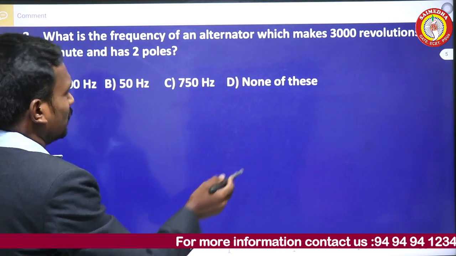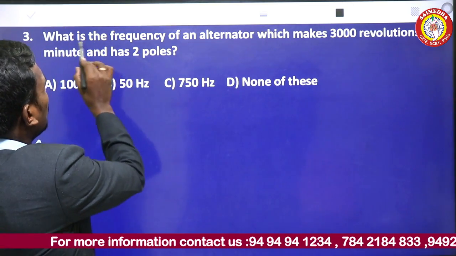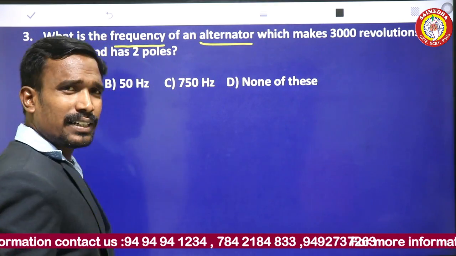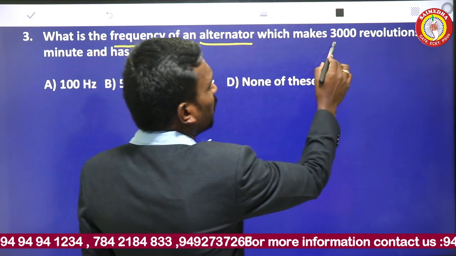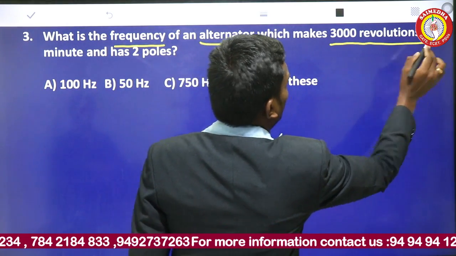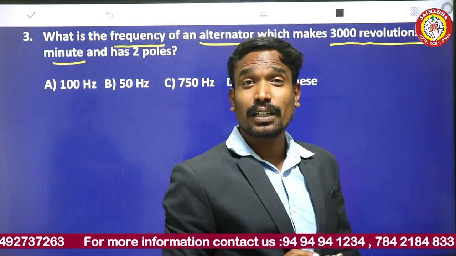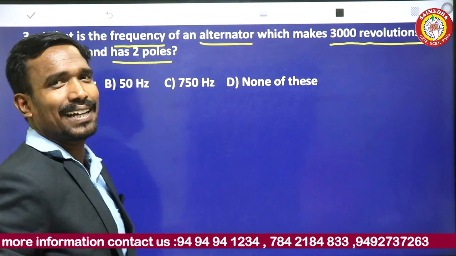Next question. So this is my third question. See here. What is the frequency of an alternator which makes 3000 revolutions per minute and has 2 magnetic poles?